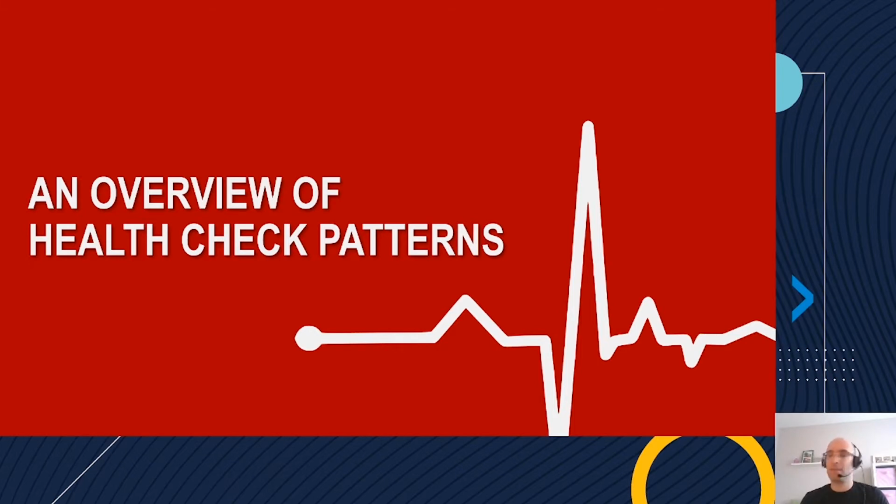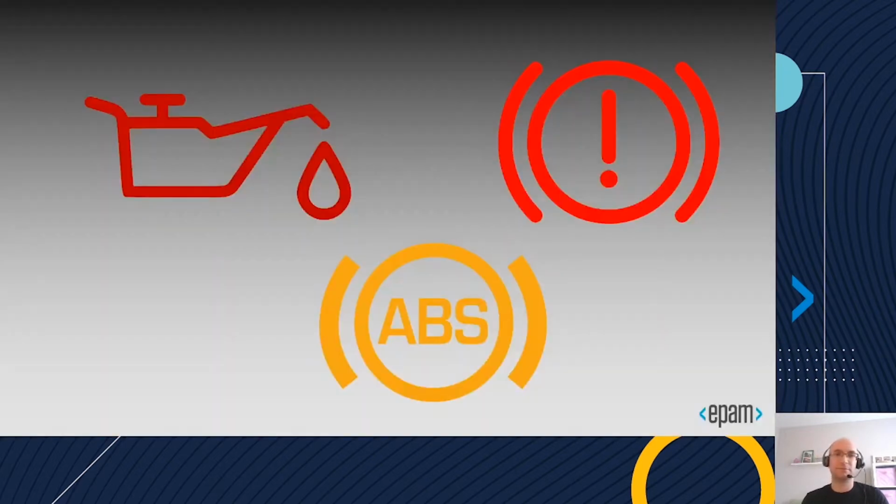Immediately, I would like to start with a little bit of exercise with all of you. I assume that each and every one of you is able to recognize the symbols on the screen, especially those people who already have a driving license.